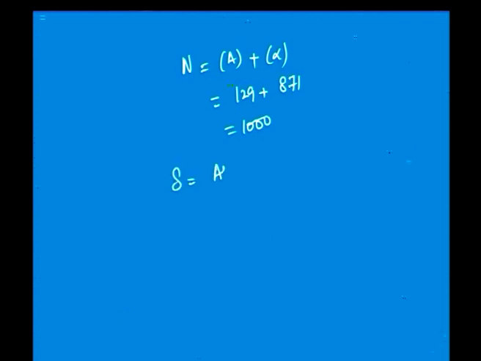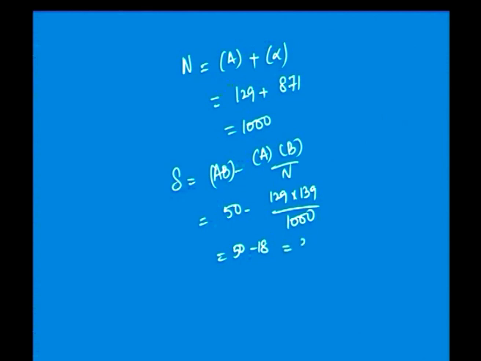Delta value is equal to AB minus A into B by N. AB value is 50 minus A value 129, B value 139, by 1000, which is equal to 50 minus 18, which is equal to 32.